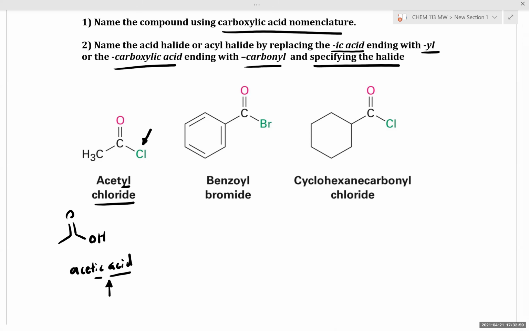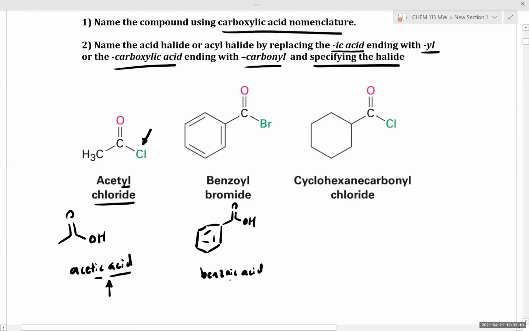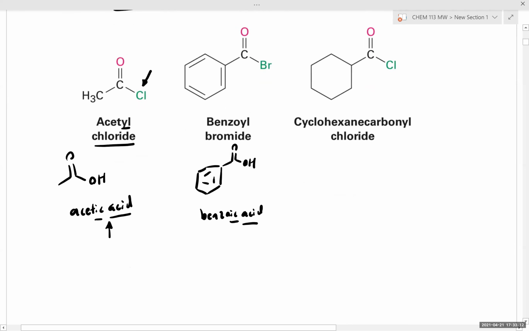Does this make sense to everyone? Let's look at another example. Suppose in this case we have benzoic acid. We replace the suffix, and that gives us benzoyl bromide.